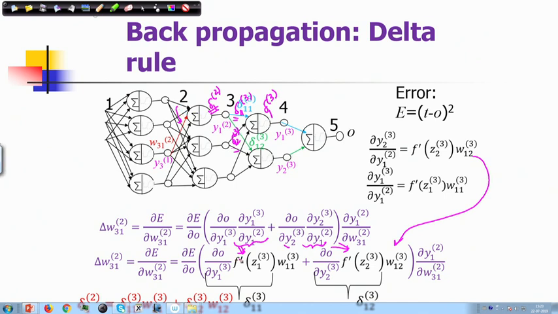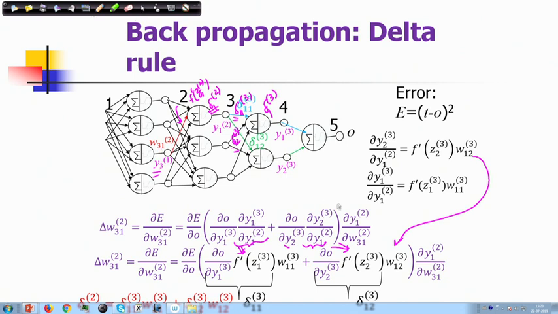It has to be multiplied with f dash z 1 2, because you are computing the response of this point. So, it is delta y 1 2 delta 3 1 2, multiplied by f dash z 1 2 into y 3 1, because when you are computing the gradient at this point, the multiplication factor with respect to this parameter will be this response.